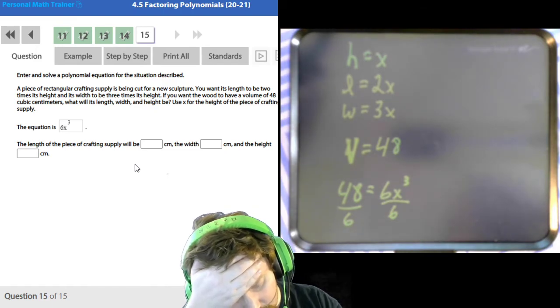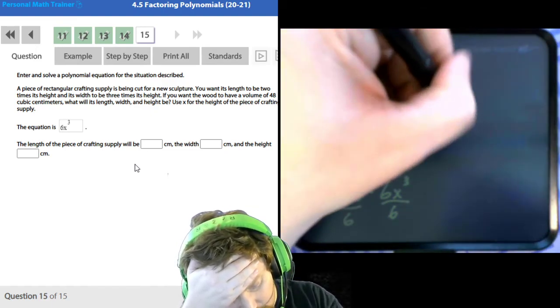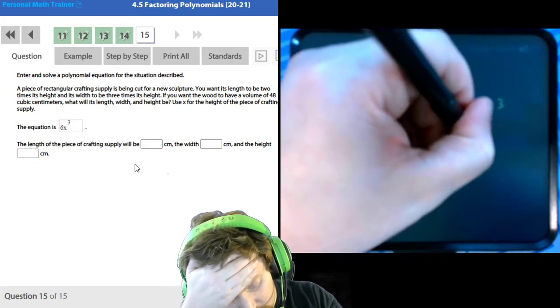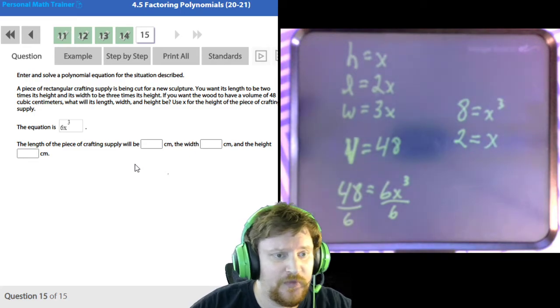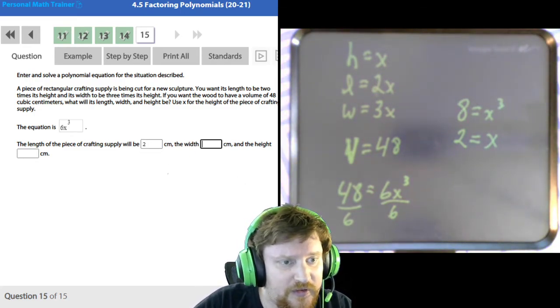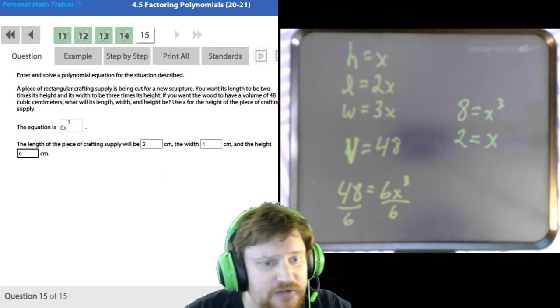Yeah. It's 8, so 8 equals x cubed, which means x is 2. So, length is 2, width is 4, height is 6.